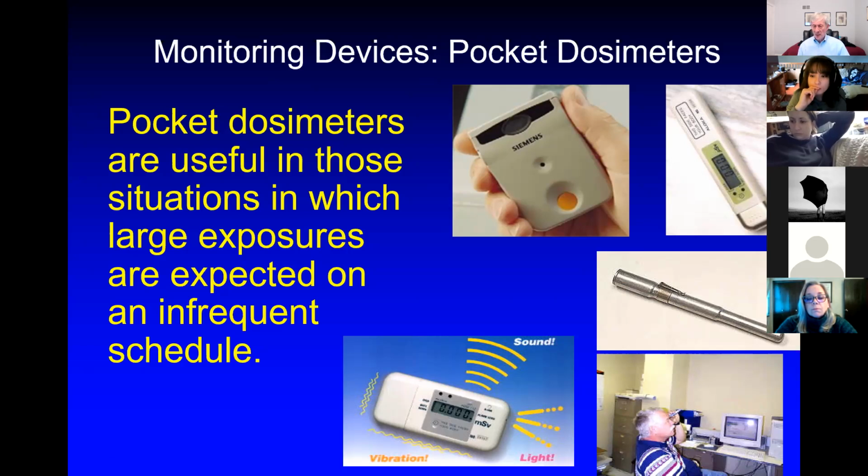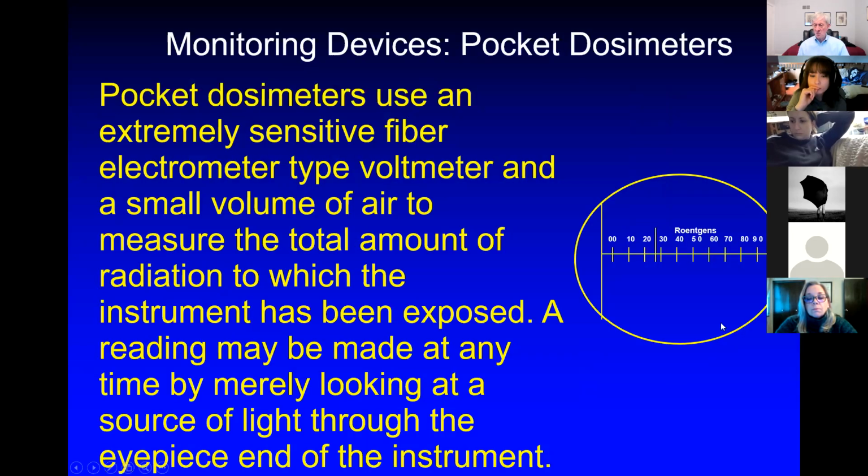And here is what he's seeing. He's looking at this grid, and if you see this little line right here, he's saying, okay, I'm getting ready to wear this dosimeter. My reading right now is 27. He puts it on, wears it for a few hours, looks through the dosimeter again, and says, okay, my reading is now 37. I picked up 10 millirems during my visit.